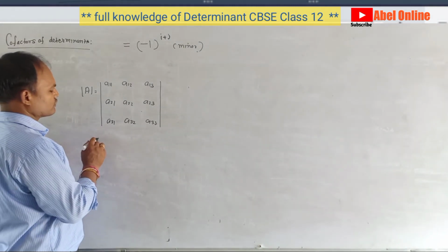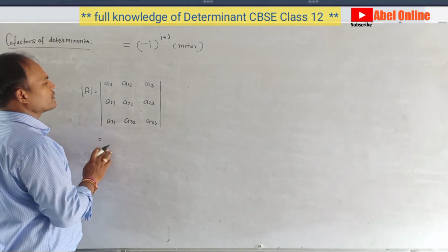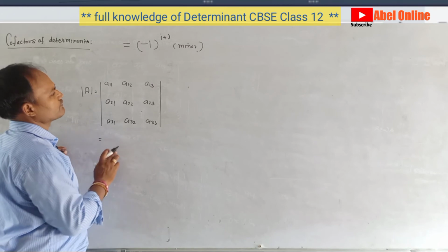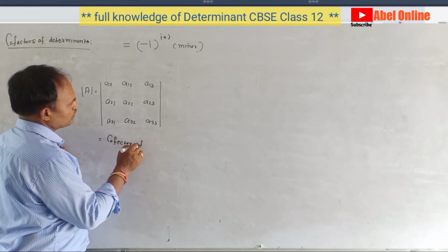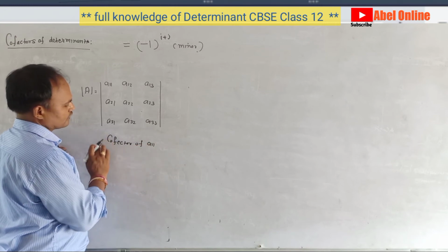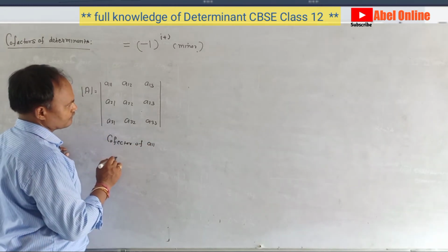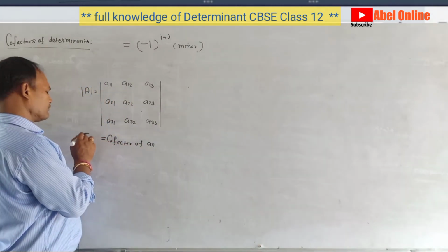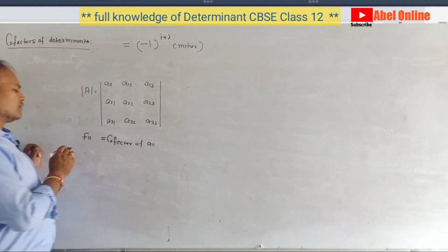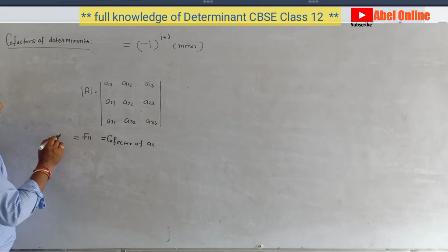What is a cofactor? When we are talking about the cofactor of A11, it is denoted by F11, and it is also denoted by A11.